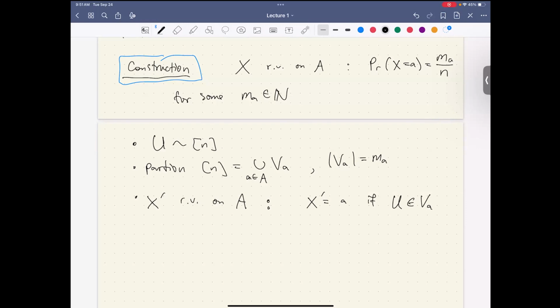X prime is just a different way of sampling X. In particular, by invariance, they have the same entropy.